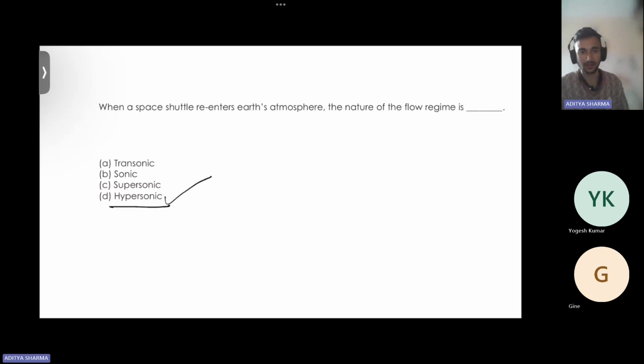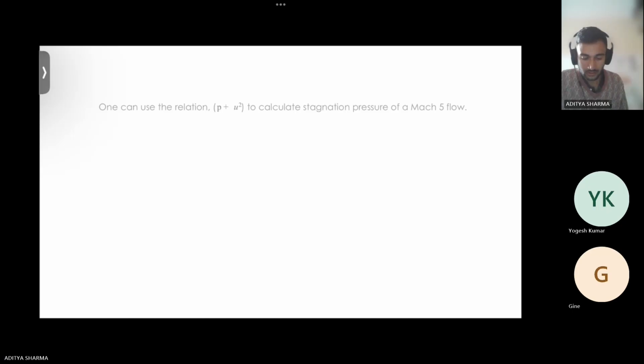In starting, I'm saying, yes, when the space shuttle re-enters, the flow is hypersonic. So this is our answer. Then, one can use the relation P plus rho u square, rho should have been there but it's gone, to calculate the stagnation pressure of a Mach 5 flow.